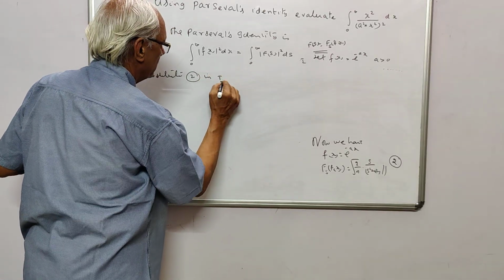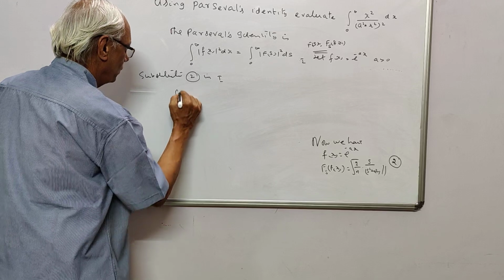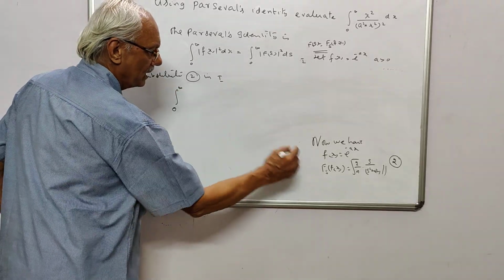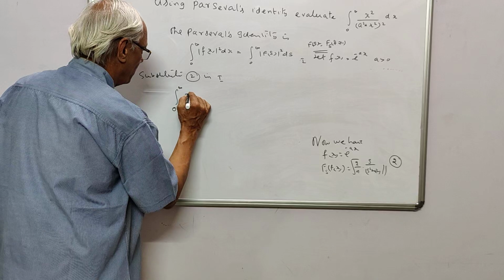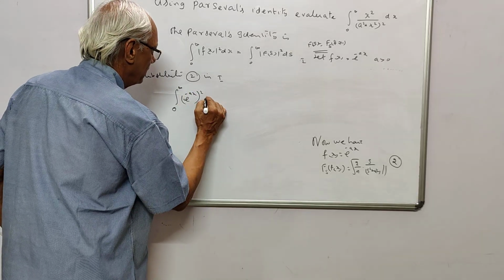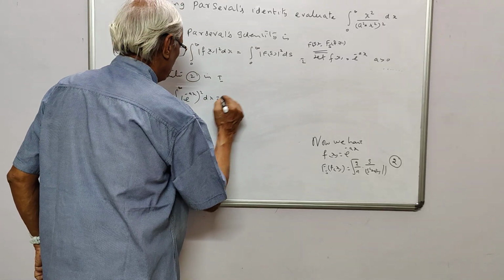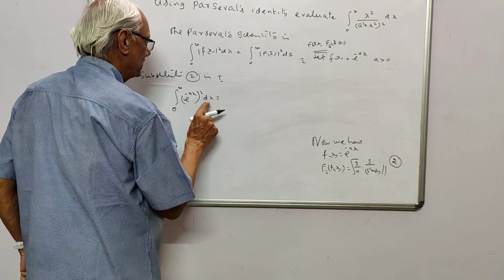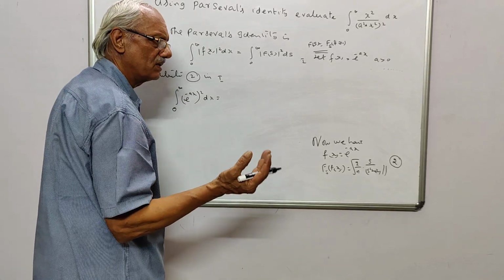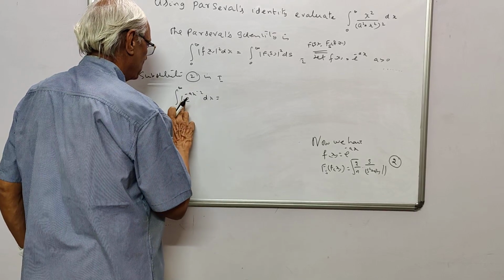So what will you get here? It is the integral from 0 to infinity of e to the power of minus ax whole squared dx is equal to, it is actually modulus, but when you square it, it is nothing but this one. See, it is a modulus whole square like this.